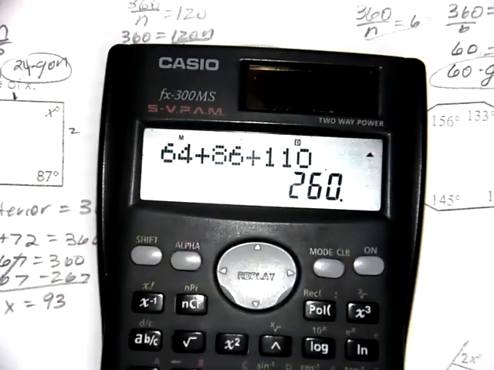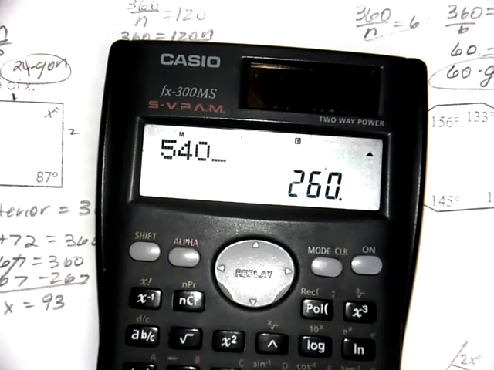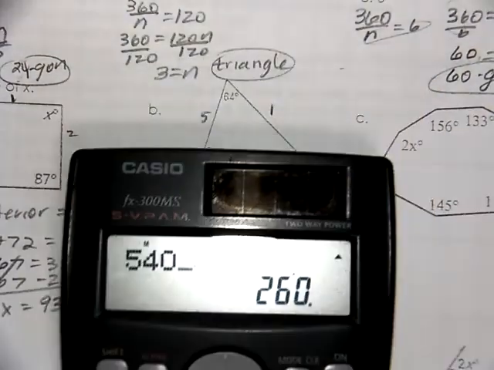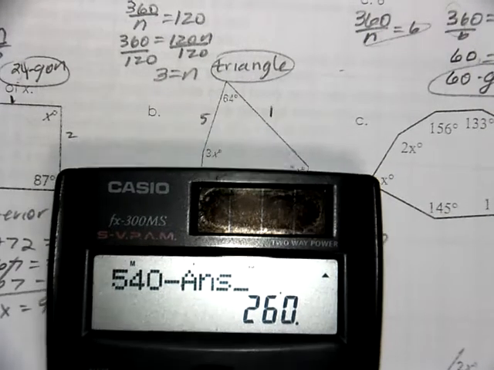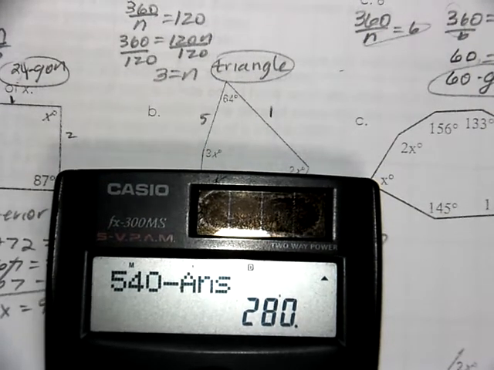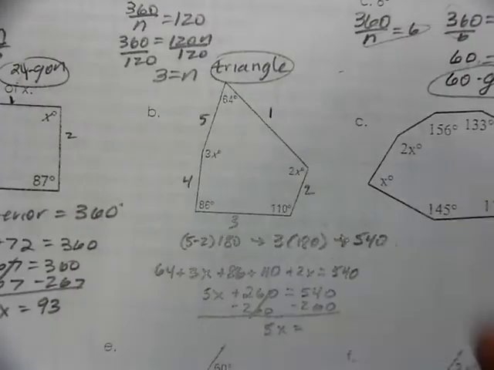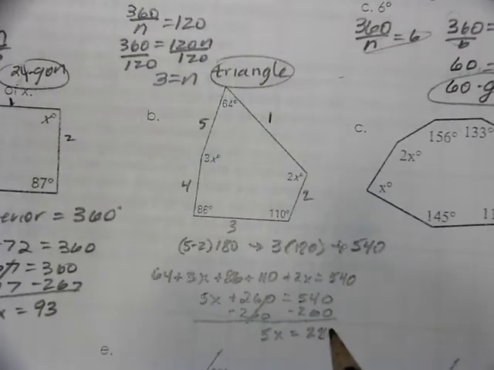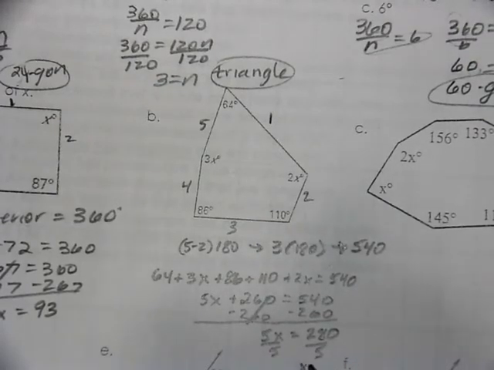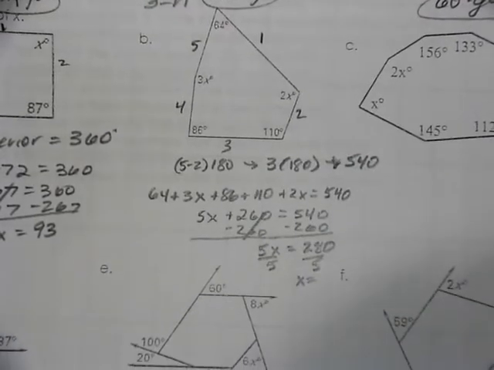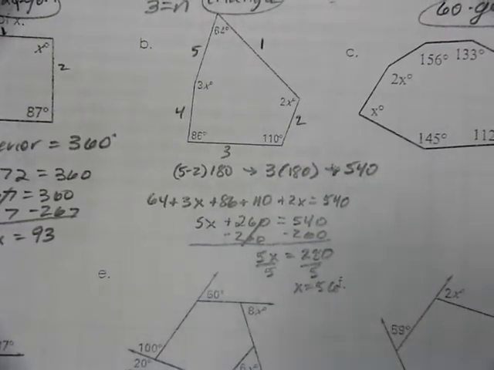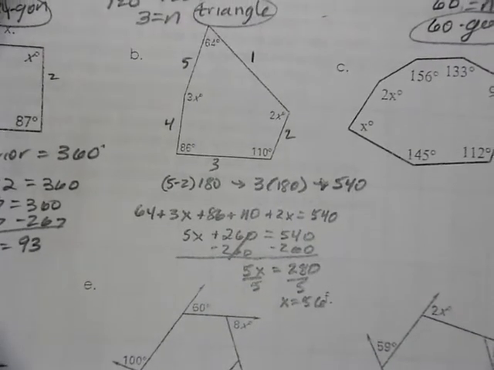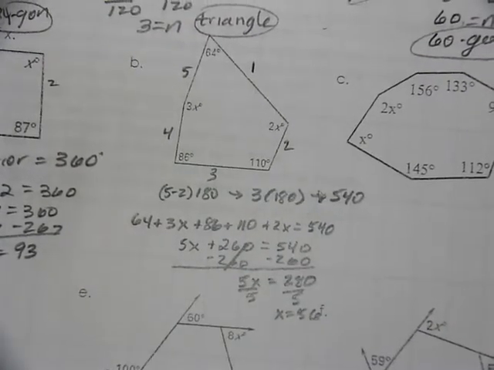So we take our 540, that's the total angles, and we subtract the amount that we have, the previous number, gives us 280. Divide by 5. You get 56 for your value of x.